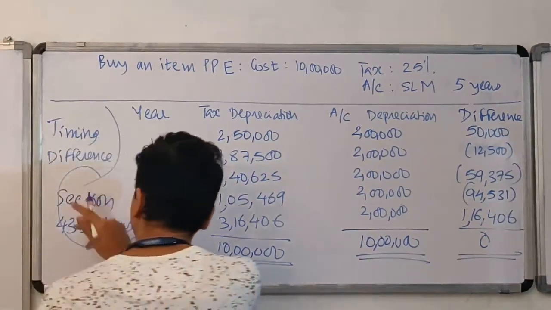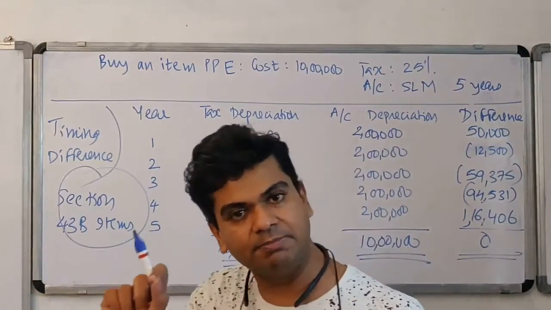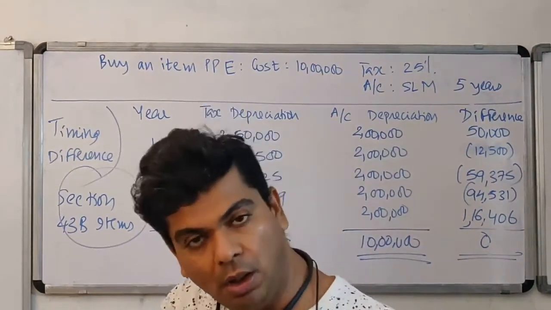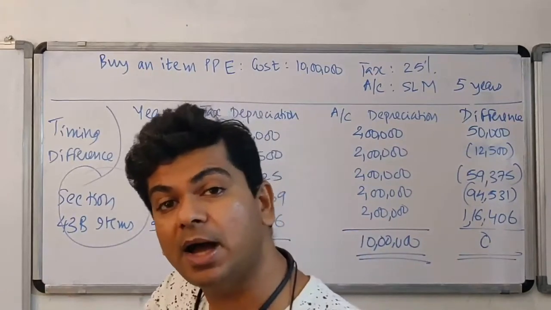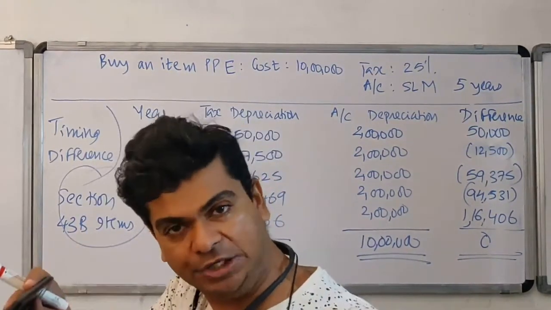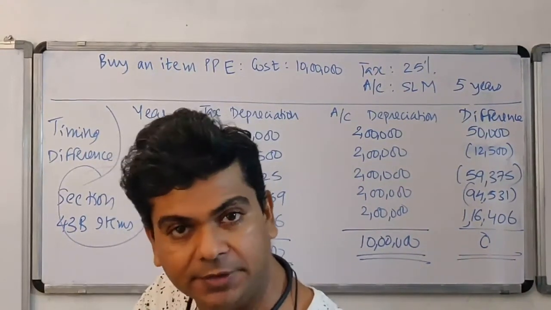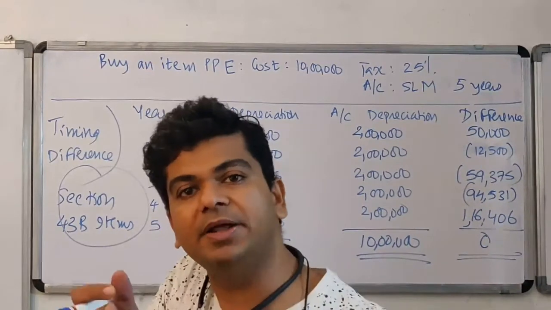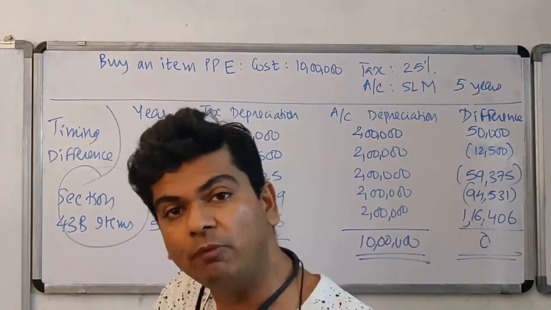In this section, a list has been given. Those expenses will be allowed as a deduction only if it is paid in cash on or before you file your income tax return. For example, employer's contribution to the provident fund.